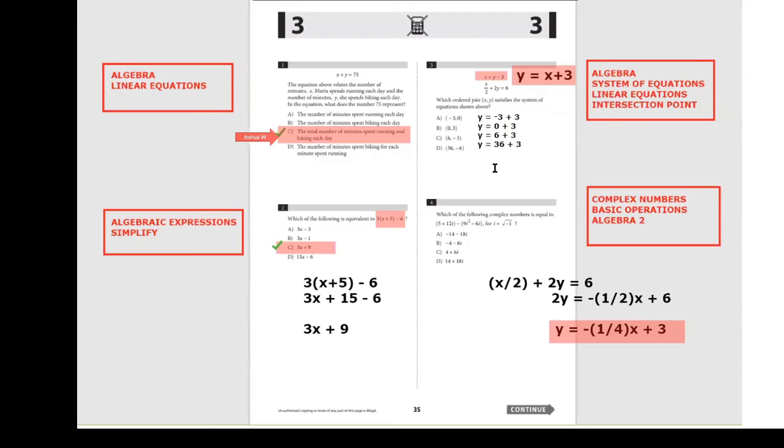So I'm just setting it up for you. Which ones can we eliminate? Which ones are still good answers after we go through equation 1? We could eliminate C and D because they don't equal -3 or -6.